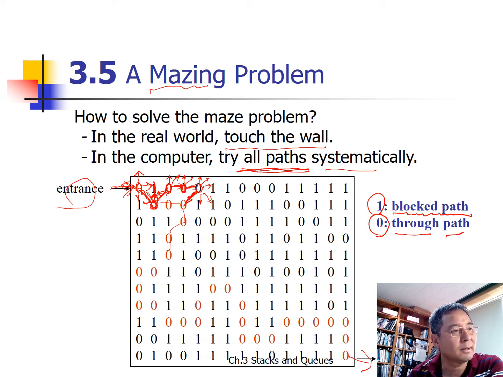And how about this one? At this point, we will search possible directions, this one. But this is already marked, we passed it. Okay, so we cannot go back to this one. So we will continue to search. Also, this is already a visited point.